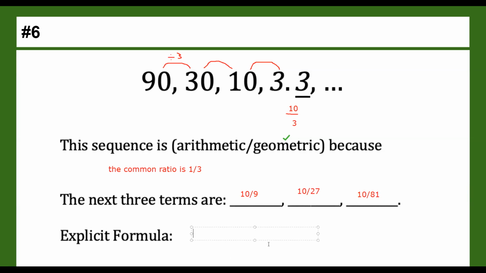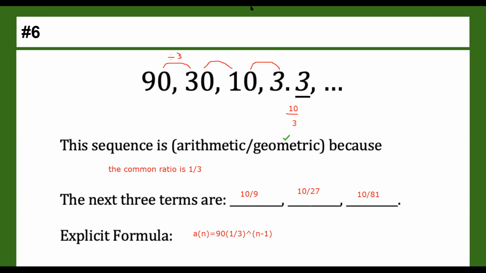So what's the explicit formula? So now we're going to say A of n equals, and we're going to write our starting term, which is 90, and we're going to multiply that times the common ratio, 1/3, and raise that to n minus 1.